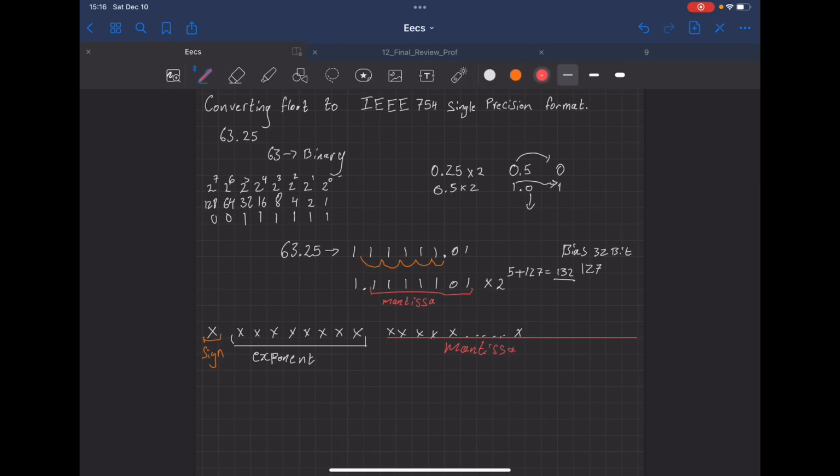Since I explained that, we're simply going to convert this 132 again from decimal to binary.